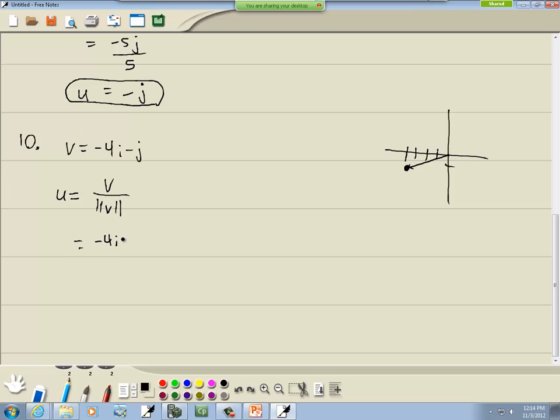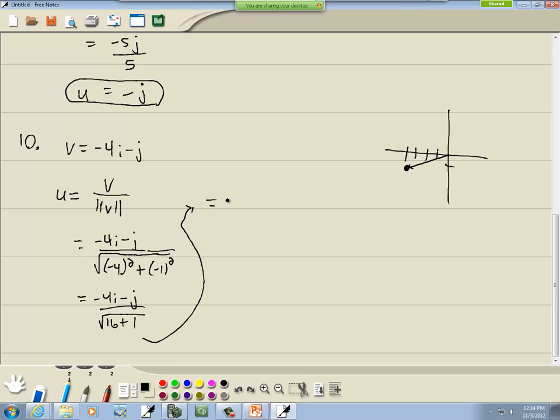So we got negative 4i minus j over the square root, and we'll square the number before the i, so square the negative 4, and we'll square the number before the j, which is negative 1. So that gives us negative 4i minus j over square root of negative 4 squared is 16 plus 1, which gives us negative 4i minus j over square root of 17.